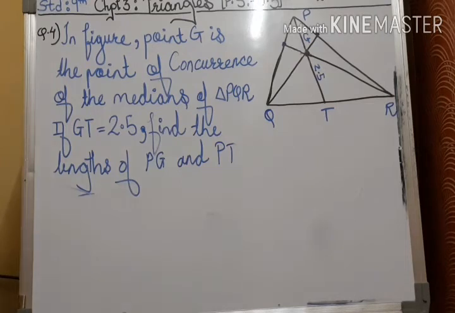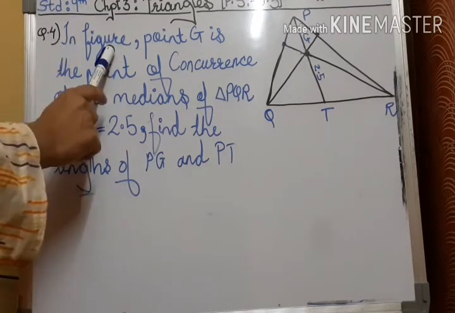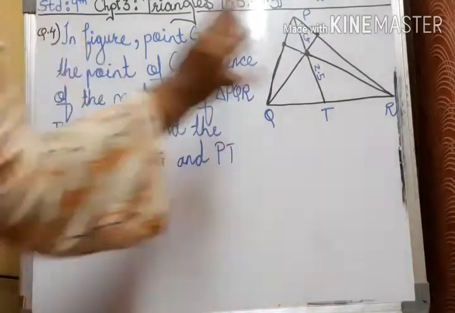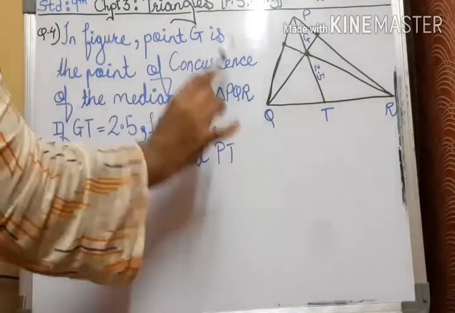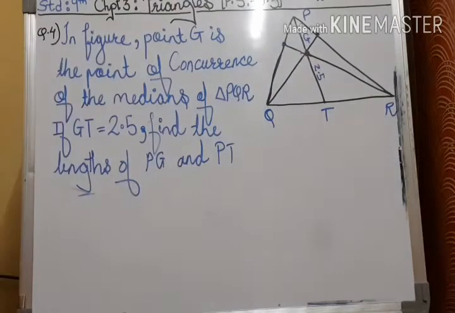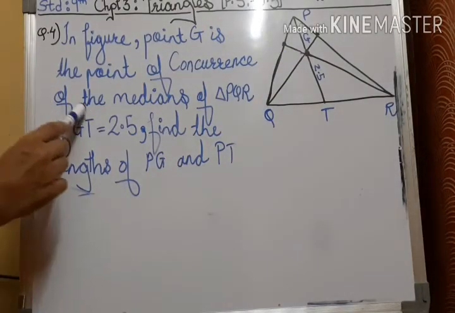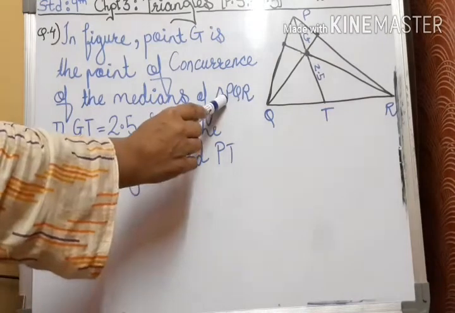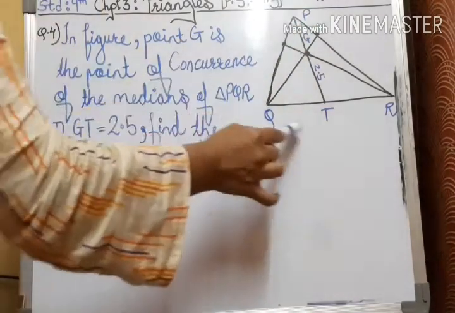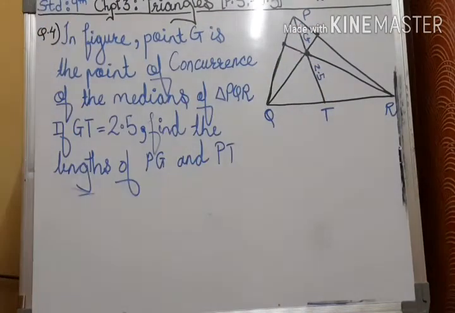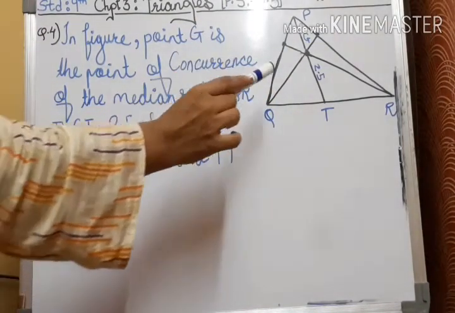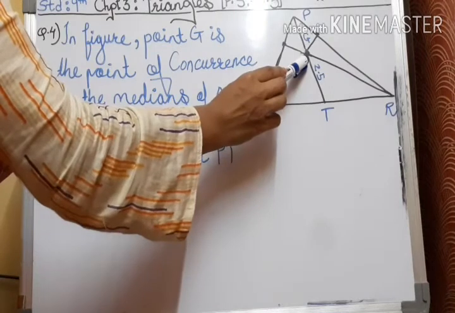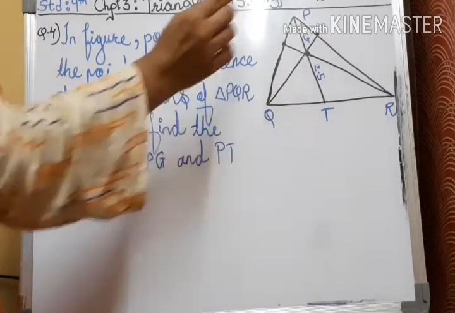First, I'll read the question. In the figure, point G is the point of concurrence of the medians of triangle PQR. In this triangle PQR, 3 medians are there and all these 3 medians intersect each other at point G. So that's why G is the point of concurrence.